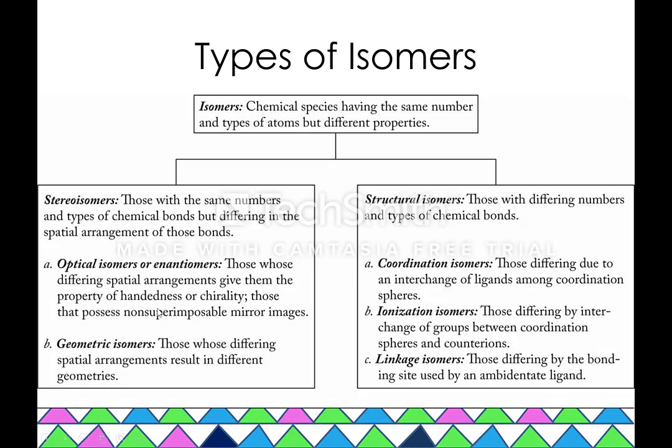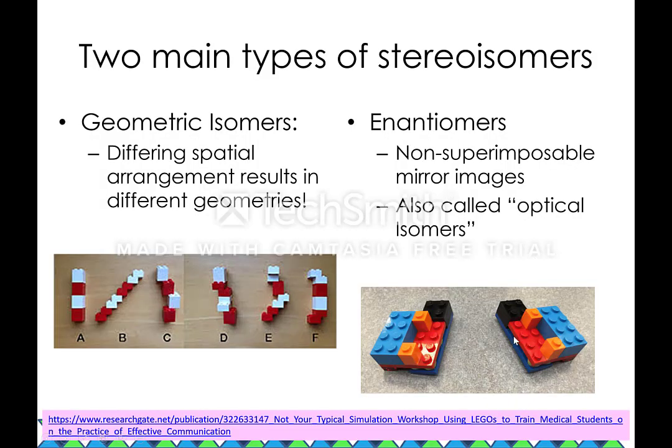So specifically, as it applies to coordination compounds, that's what this summary slide is saying. So far, we have introduced stereoisomers specifically for coordination compounds. So we're going to finish this discussion, and then we will come over here and talk about structural isomers. Just as a reminder, for stereoisomers, we have two different types: geometric isomers and enantiomers.